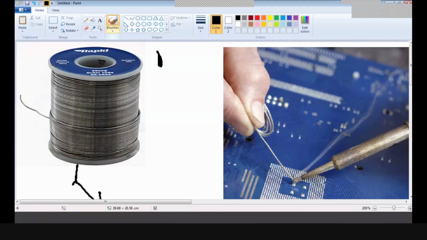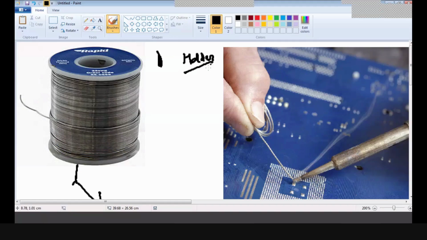While doing the soldering, you need to take care of some things. The temperature of the tip of this soldering iron is very high. As soon as you have completed your soldering, you need to put the soldering iron into its holder, so that it is safe.